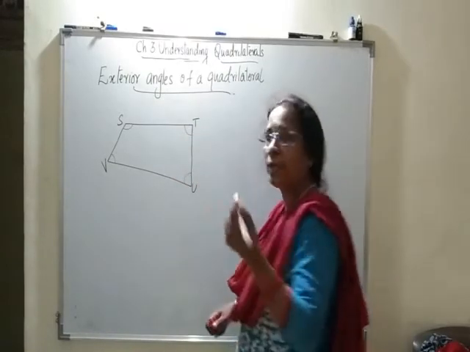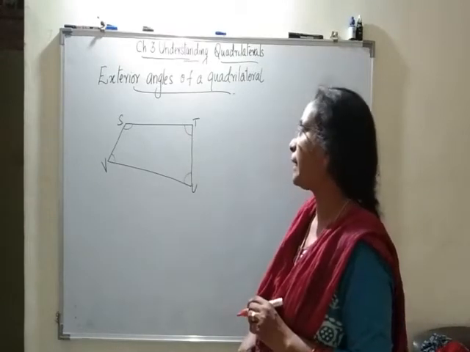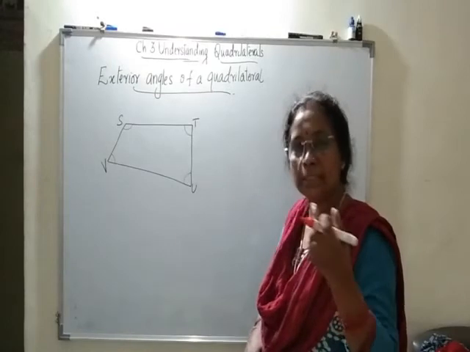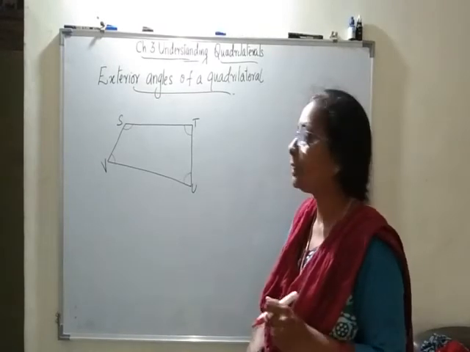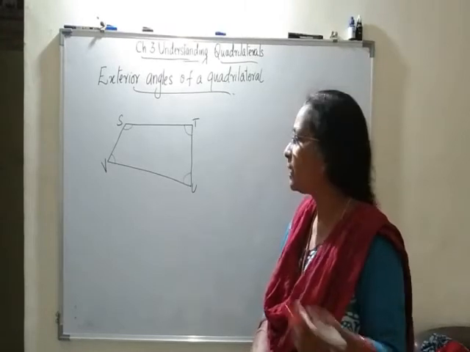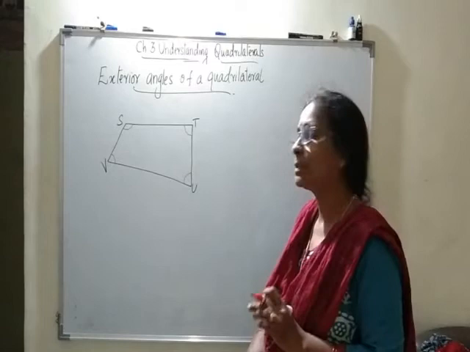These are all interior angles, angles formed inside the quadrilateral. Now how will you form an exterior angle? I think in class 7 you have already learned about triangles and their exterior angles. Here also in the same way we will make exterior angles.